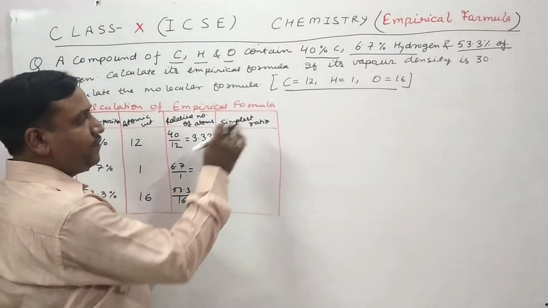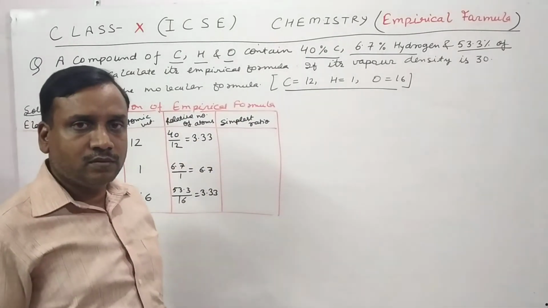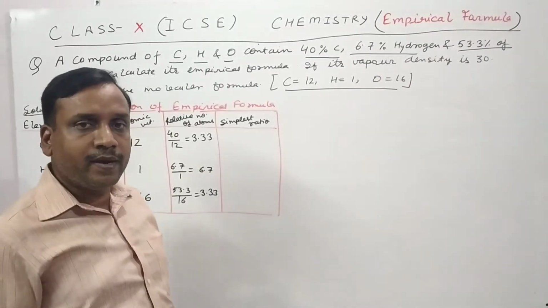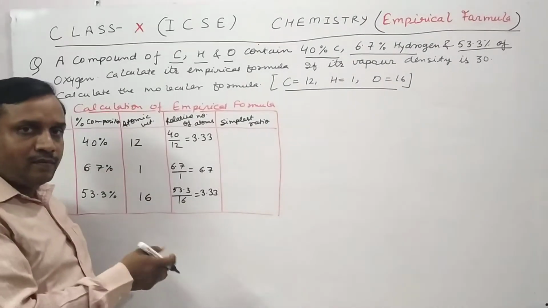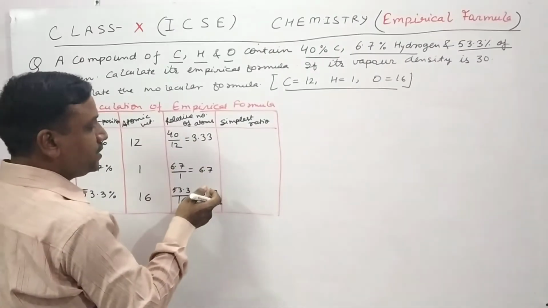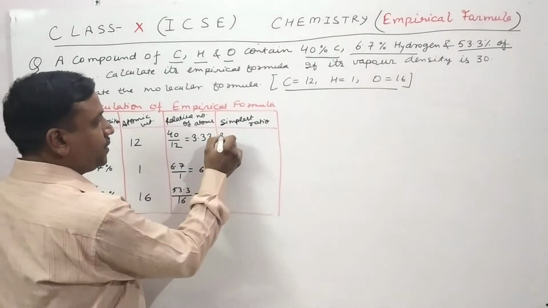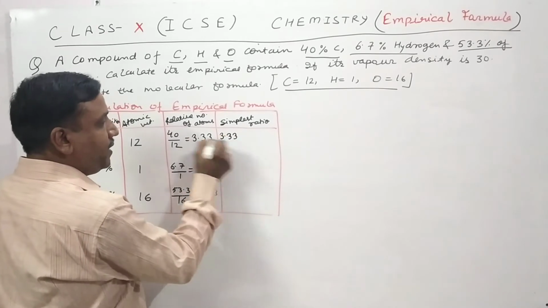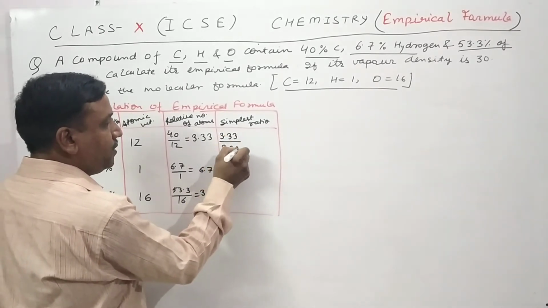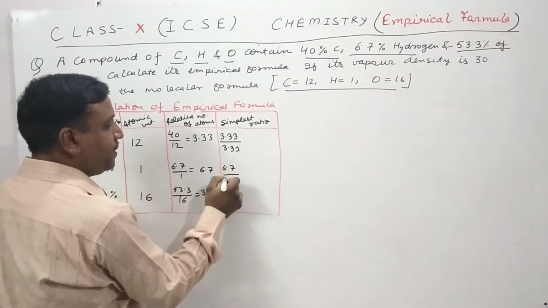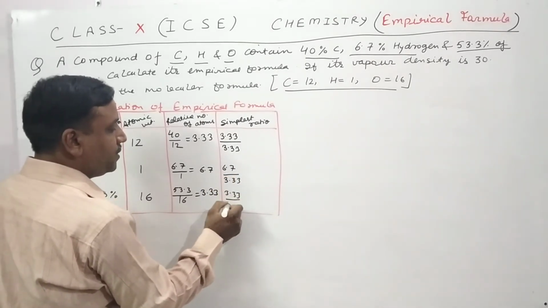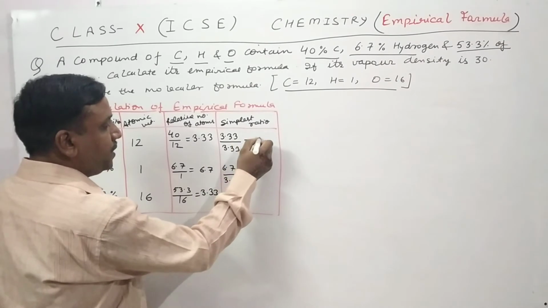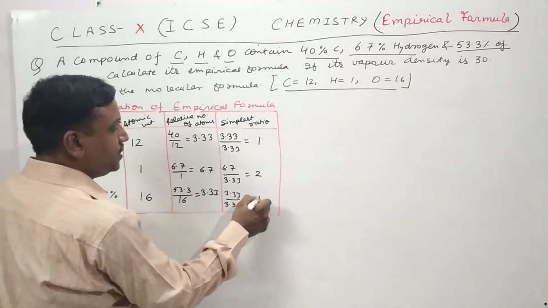At last you have to calculate the simplest ratio. The simplest ratio is determined by dividing all these numbers by the smallest number among these, 3.33. Divide each number by 3.33. Here 6.7 divided by 3.33, and 3.33 divided by 3.33. This will be 1, this will be 2, this will be 1.